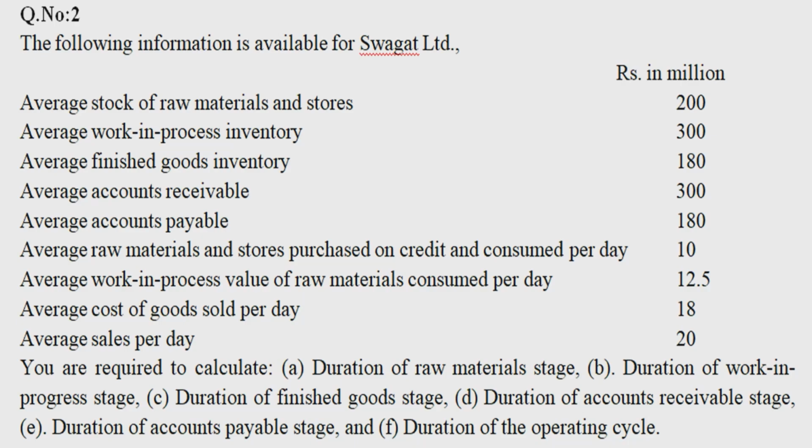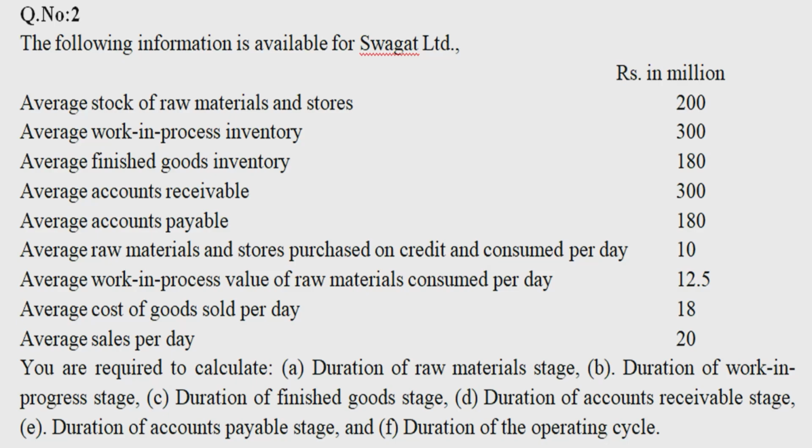Same as what we have done in the previous problem, we are going to do. First we have to calculate raw material stage. So raw material stage, what is the formula for that? Average stock of raw material divided by raw material consumption. What is the average stock of raw material given here?